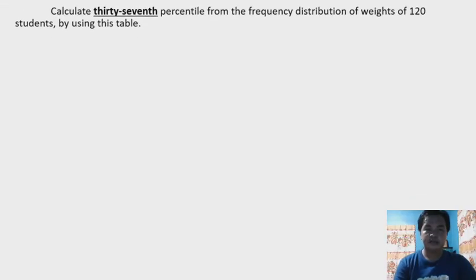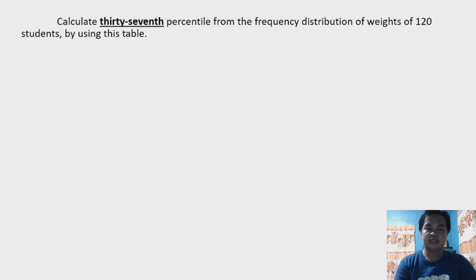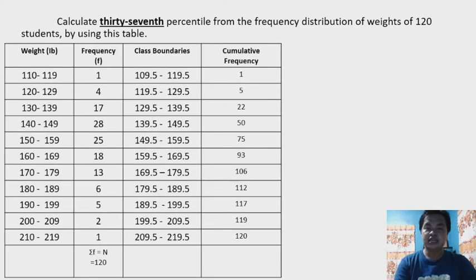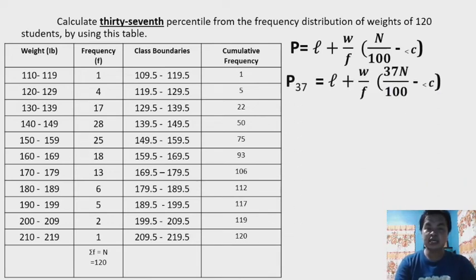Simulan na natin ang pag-solve. Calculate the 37th percentile from the frequency distribution of weights of 120 students using this table and this formula. Dahil 37th percentile ang hinahanap, ito na ang magiging formula na ating gagamitin.